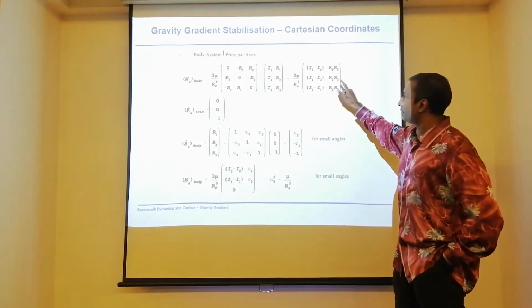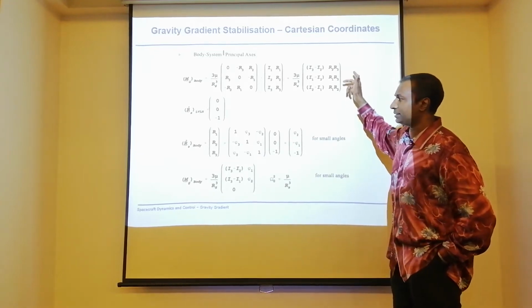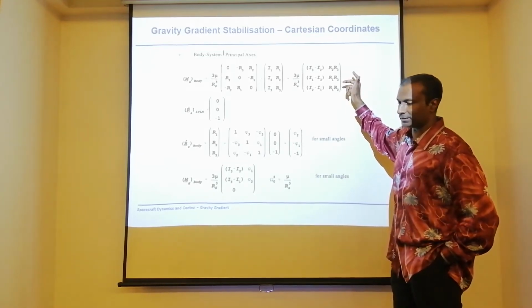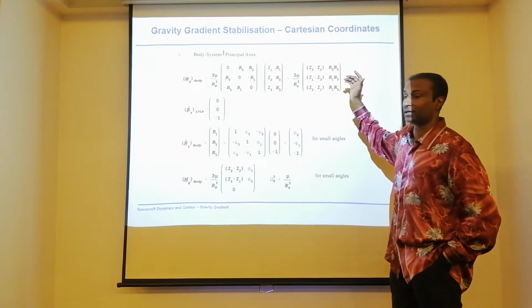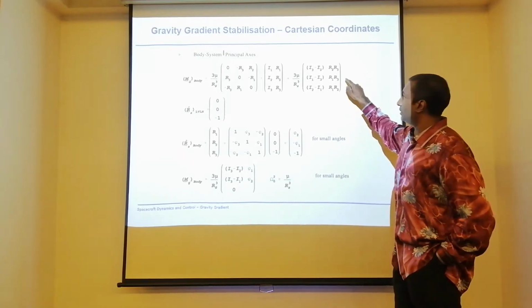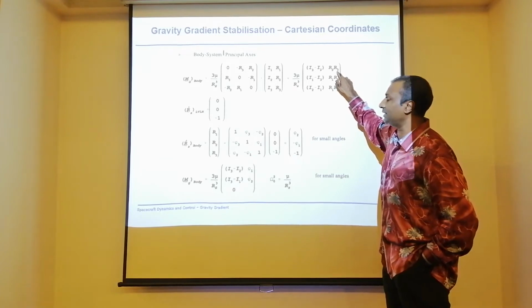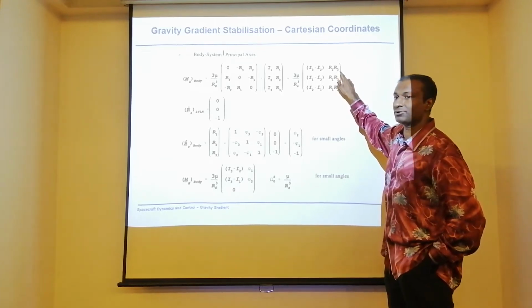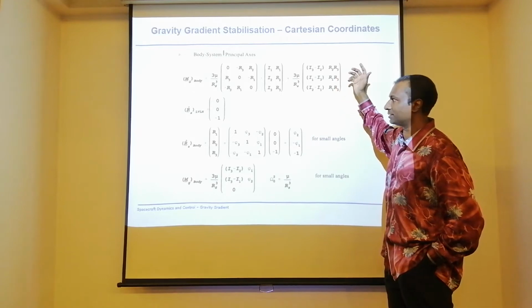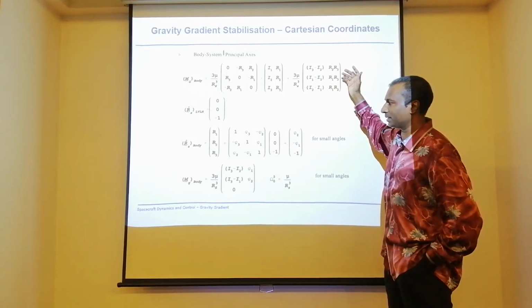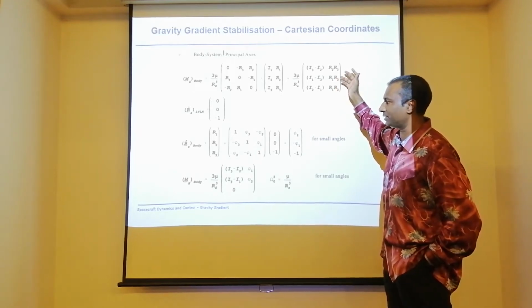Remember, R hat we have defined as a unit vector. So I should be able to see how this unit vector is going to react in this particular equation.